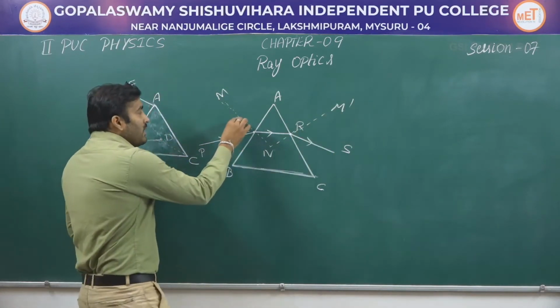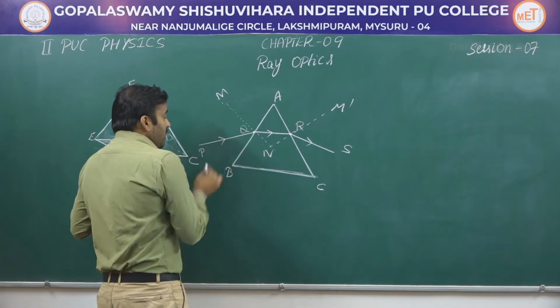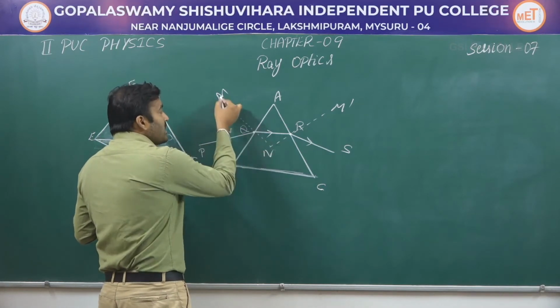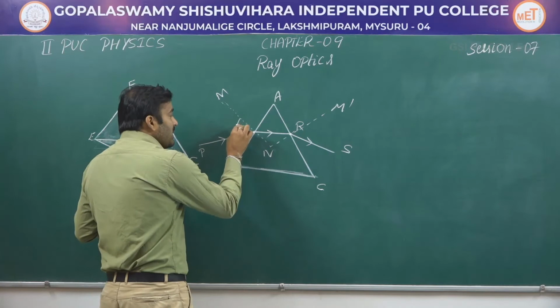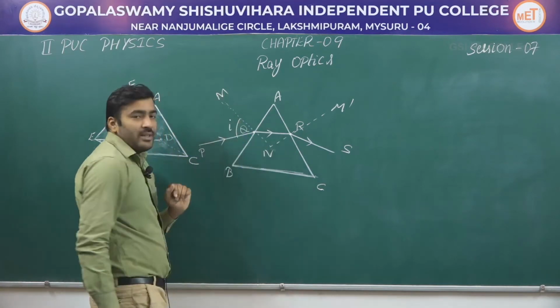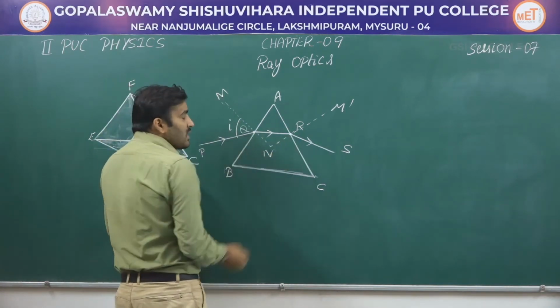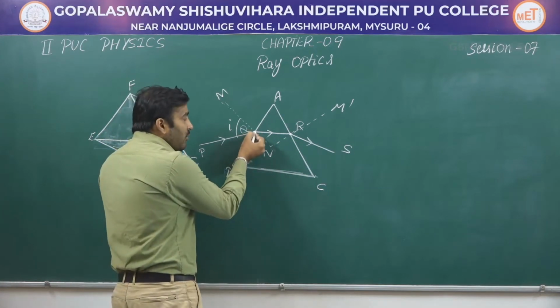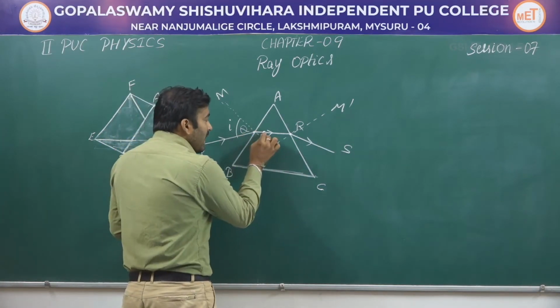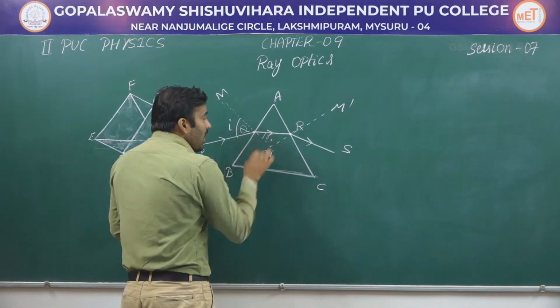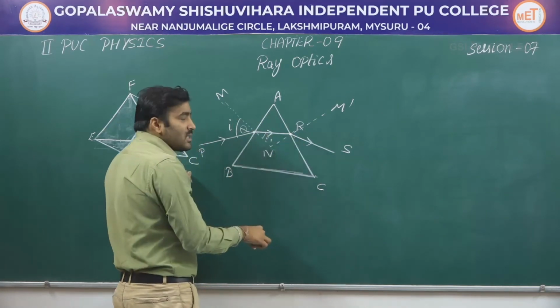Now this is the incident ray and this is a normal. The angle between the incident ray and the normal is called the angle of incidence. Here the first refraction takes place, so the angle made by the refracted ray with this normal is R1, and here the second refraction takes place.